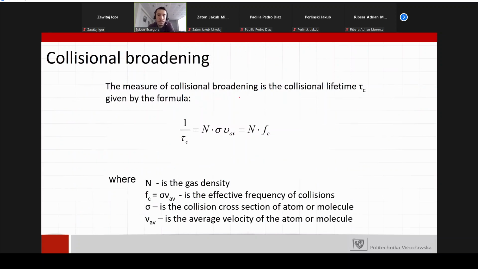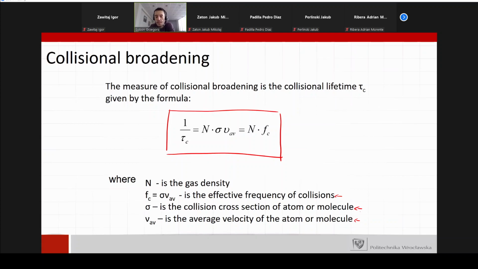And the measure of this collisional broadening is the collisional lifetime, which is given by this formula. So we have the gas density. We can define the effective frequency of the collisions, the collision cross-section of an atom. This is just a measure of the probability of collisions, and the average velocity of the atom or the molecule.